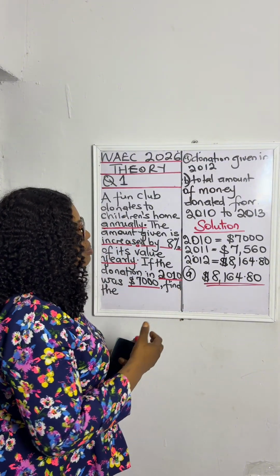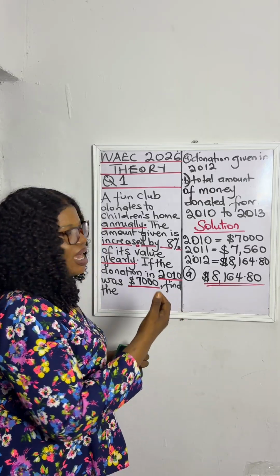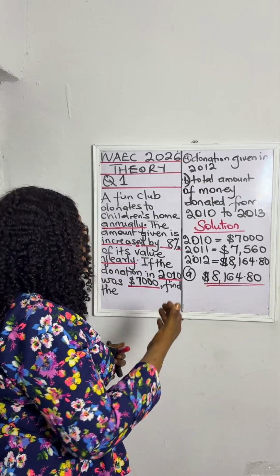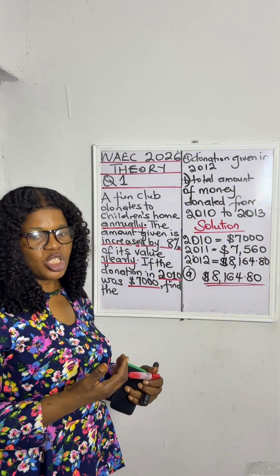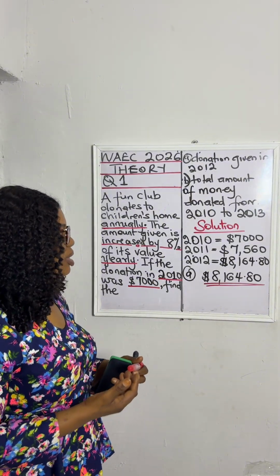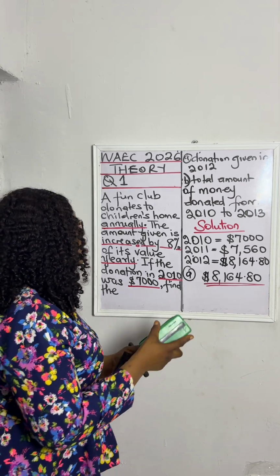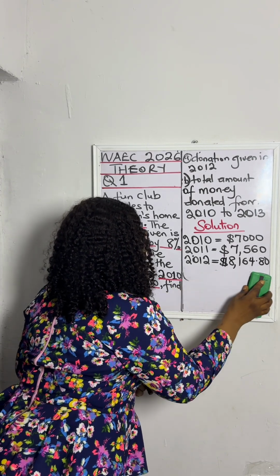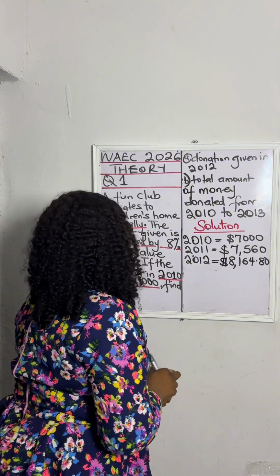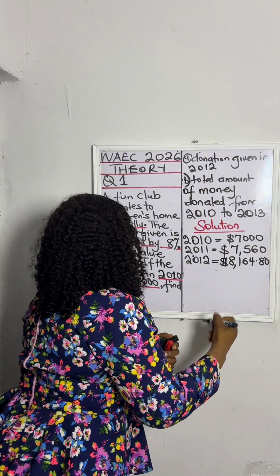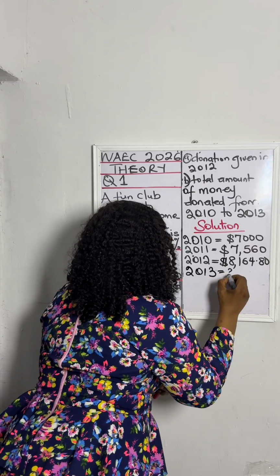How do we get the amount paid from 2010 to 2013? It will involve adding all the payouts in 2010 plus that of 2011 plus that of 2012 and 2013. But at the moment, we don't have the payout for 2013, so we'd have to calculate that. So what is the payout of 2013? We don't know it yet.